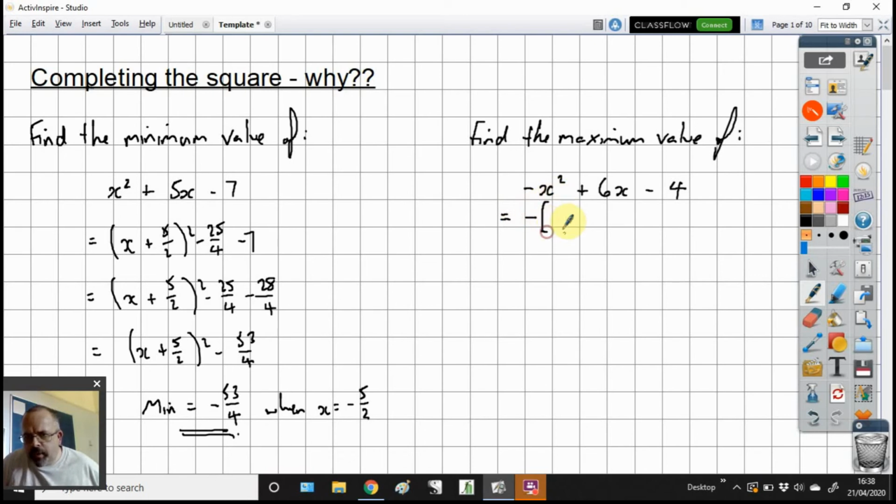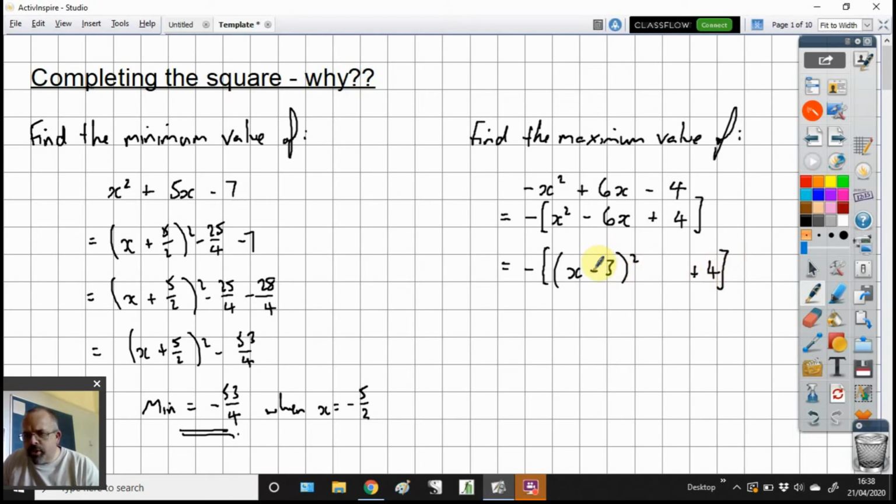This one's more complicated. We're going to have to take out a factor of negative 1 before we can go any further. And if we do that, then what we have is (x - 3) all squared.